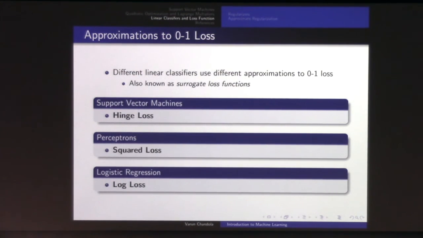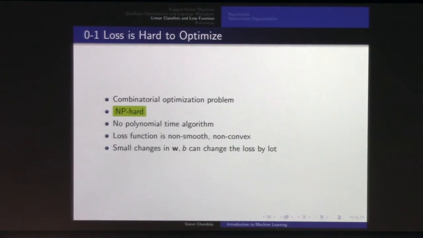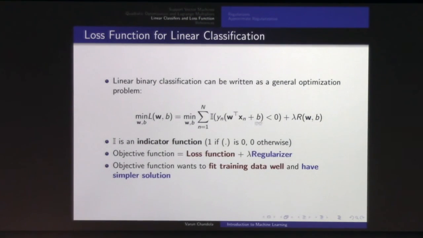In fact, for your assignment, you have to compare these two for the digit data, and one might be better than the other, but for some other data set, something else might happen. But in general, these are good enough surrogate functions, plus they allow some optimization method to be implemented, right? You can come up with a really fancy loss function, but if you can't optimize it, then you can't really get a solution.